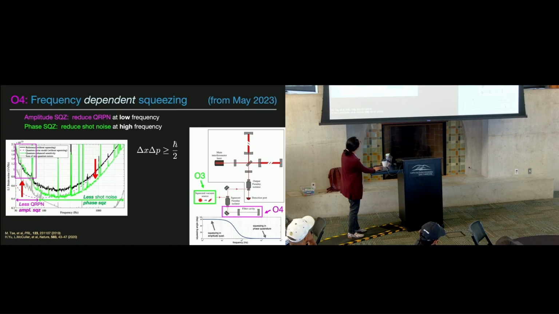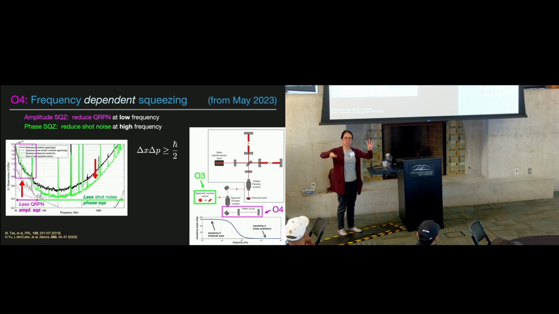Yeah, so we ended up doing some serious improvements to the squeezed light source from the third observing run. And the most important thing is we added this filter cavity. What the filter cavity does is, normally with squeezing, you would come in and all your noise sidebands are what they are. The squeezed light source makes the conjugate, right? Because the nonlinear optical interaction will produce the conjugate sidebands of the noise sidebands.